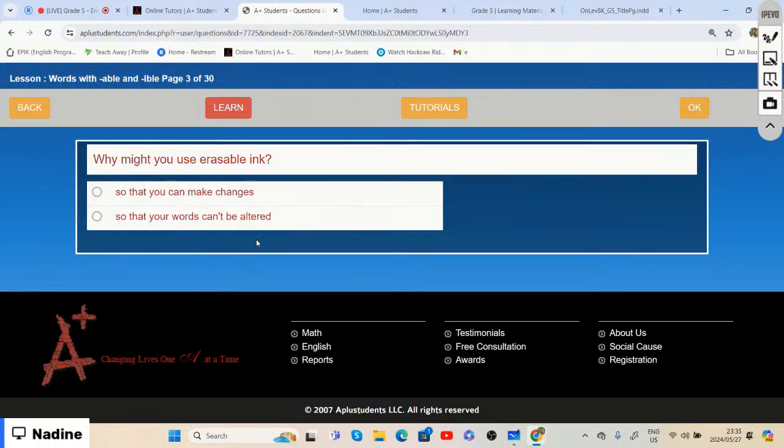So if you use erasable ink, is it so that you can make changes? Or you might use erasable ink, yet your words cannot be altered.